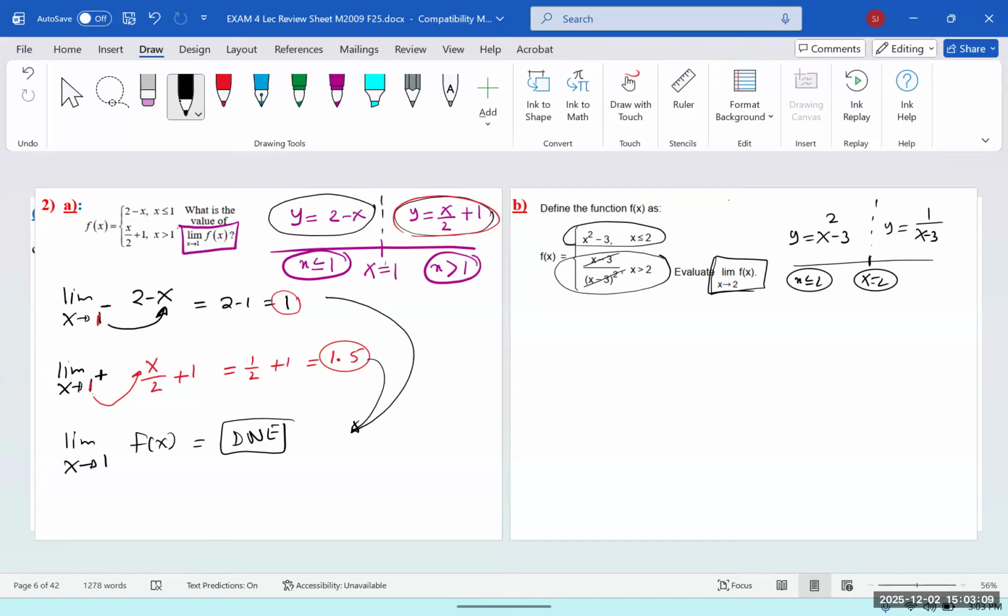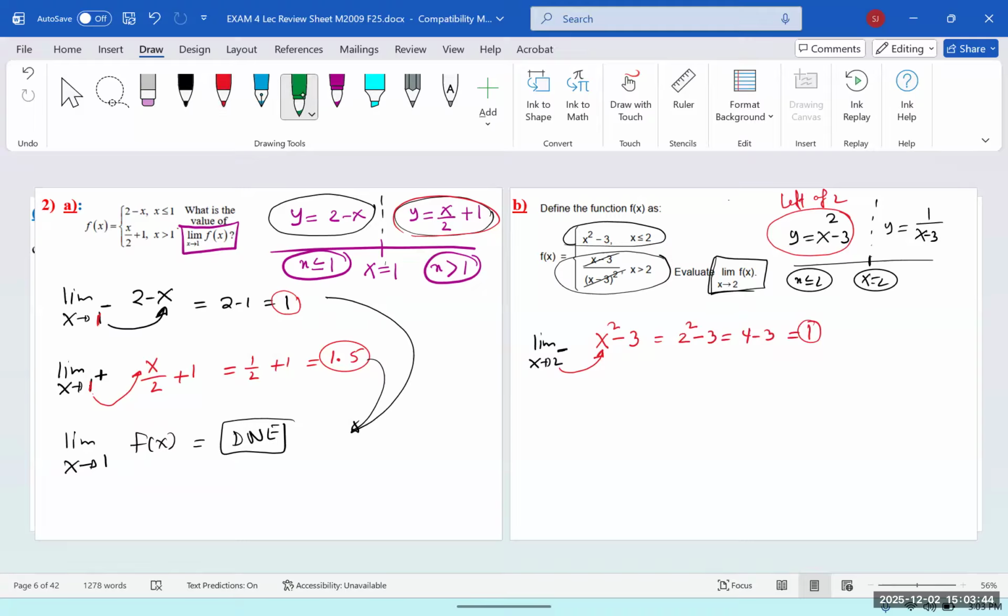And then you look at the y value for both scenarios. So limit x goes to 2 from the left side. This is our left function, left of 2. So you write x squared minus 3 and you substitute x with the limiting value. You get 2 squared minus 3, 4 minus 3, you get 1.